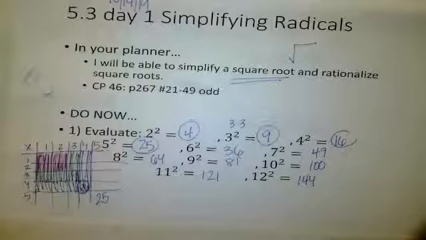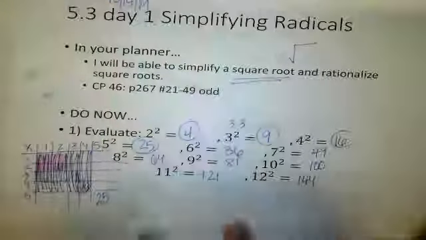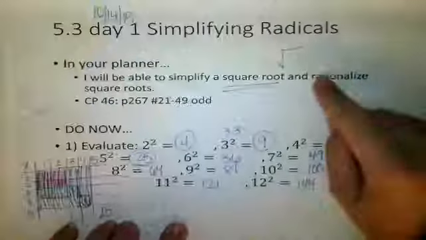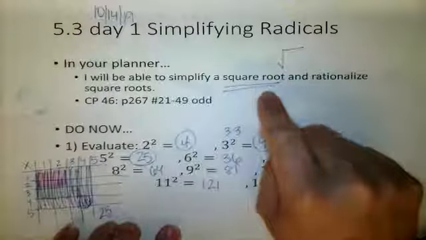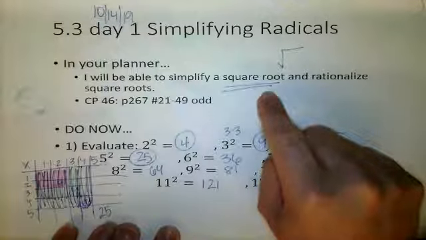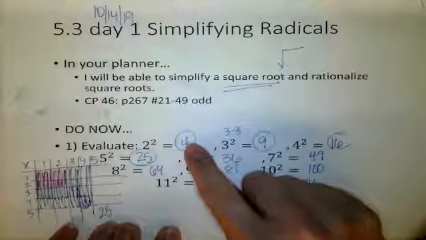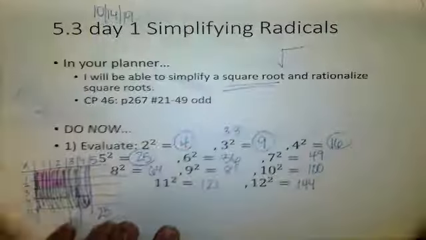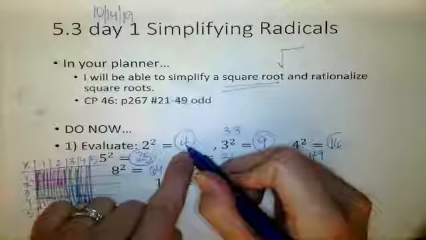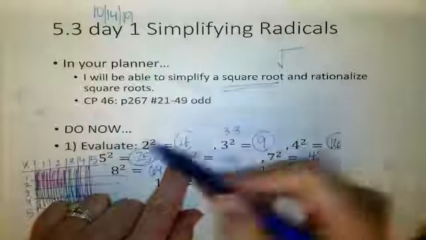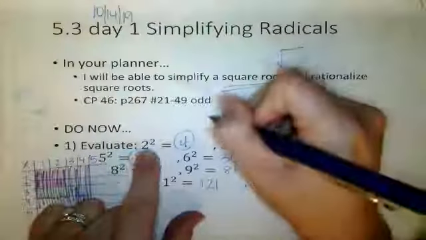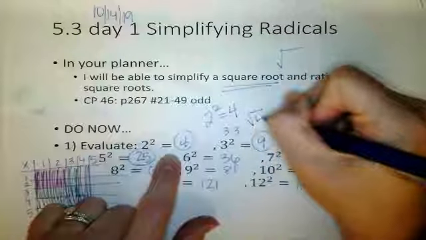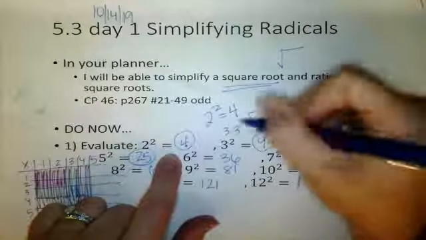That's really important that we understand. We want to make sure that you know all of your perfect squares, because if we want to simplify a square root, then knowing perfect squares is really useful. So we're going to look for those perfect squares. A square root undoes the perfect square. If I know that 2 squared equals 4, the square root undoes it.